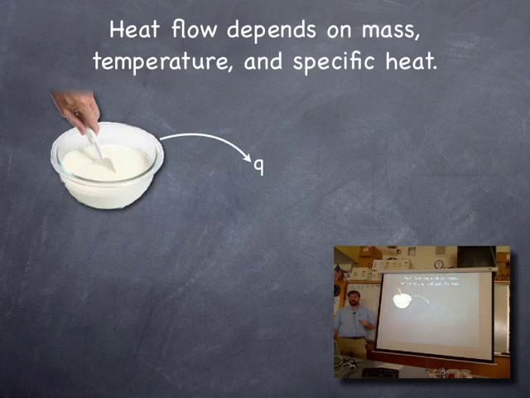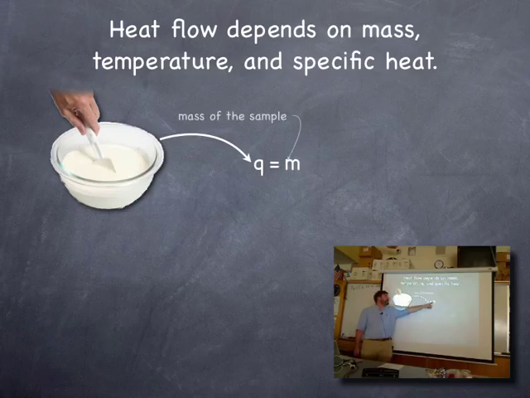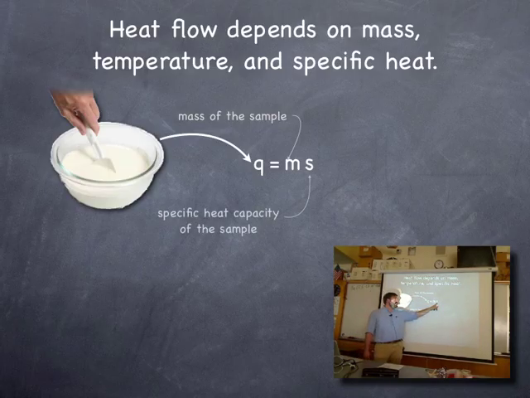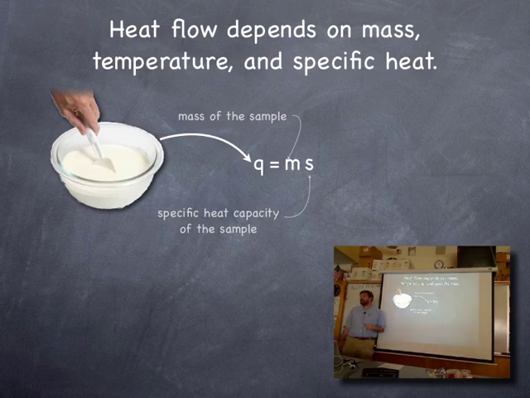So if I'm thinking about removing energy from my ice cream, the amount of energy I need to remove depends on how much ice cream do I have? How much ice cream am I trying to make? What mass of liquid do I have? It depends on how much energy it takes to change the temperature of the mass, I should say.